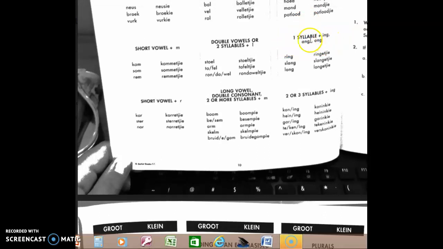So 1 syllable plus the ing. Dit is die ing, ang en ong. Ring, ringetjie. So entjie alweer. Ring, ringetjie. Slang, slangetjie. Long.